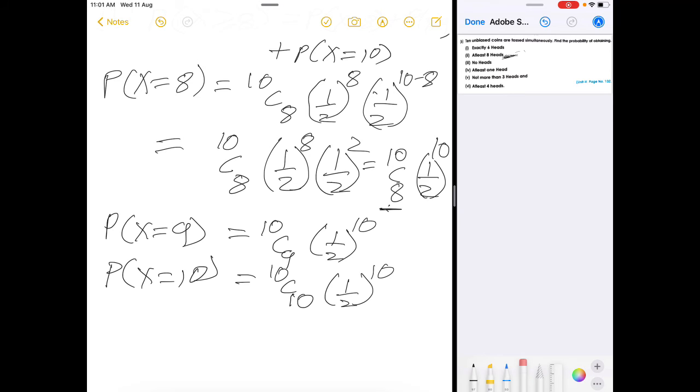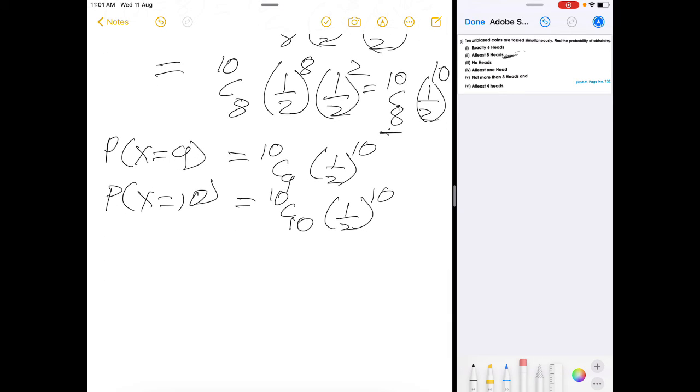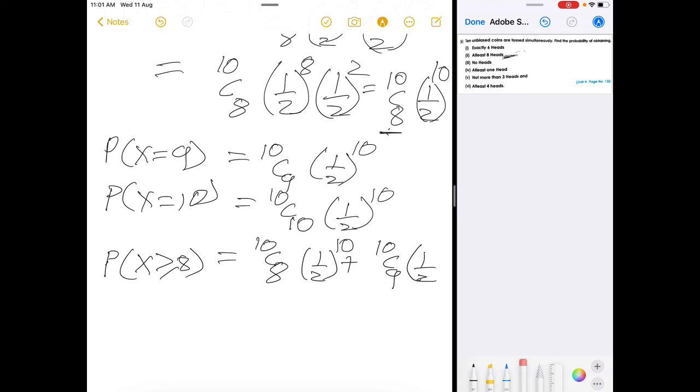So this is now very simple problem. So this becomes probability of x greater than or equal to 8 is equal to probability of x equal to 8, which is 10c8 half to the power 10, plus 10c9 half to the power 10, plus 10c10 half to the power 10.